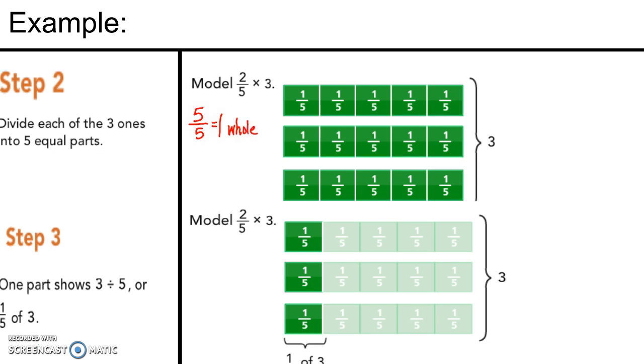That's why you have this divided into 5ths. Okay? Now, they ask you to model 2/5 times 1/3. So you are going to, right here, step 3, one part shows 3 divided by 5, or 1/5 of 3.